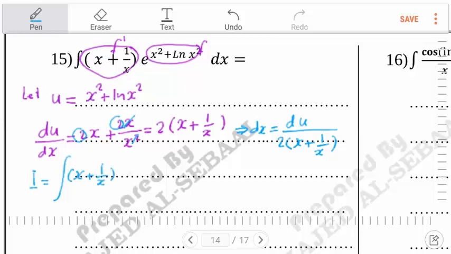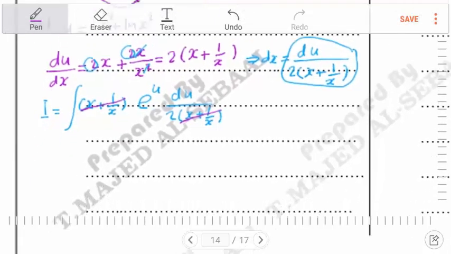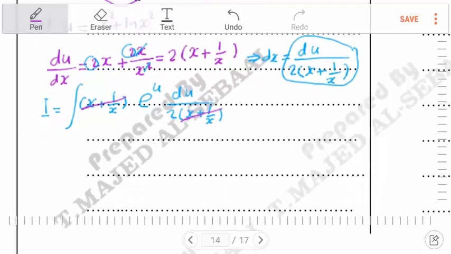Don't touch it. e, and instead of writing x squared plus ln x squared, write u. dx is this, du over 2 bracket x plus 1 over x. What will happen now? Cancelled, right? As you can see, I'm trying to make my integration easy instead of it being hard.